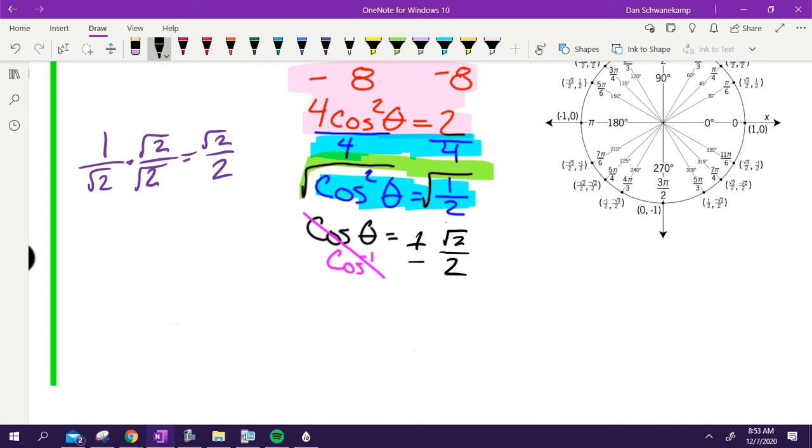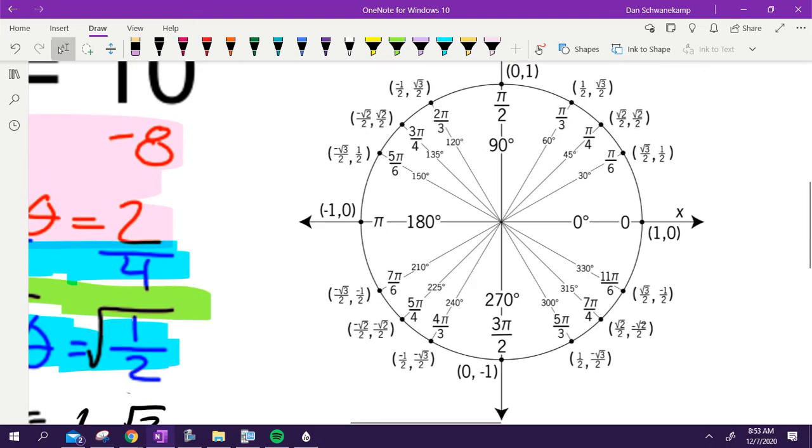Now we just solve it just like we would. We're getting rid of cosine. So to get rid of cosine, we're doing inverse cosine. So over here, that's going to cancel. Over here, inverse cosine of plus or minus radical 2 over 2. That means I'm looking on my unit circle for everywhere that cosine, that my x, is radical 2 over 2.